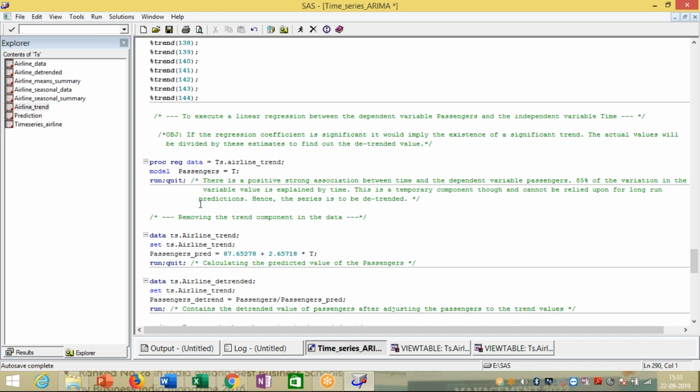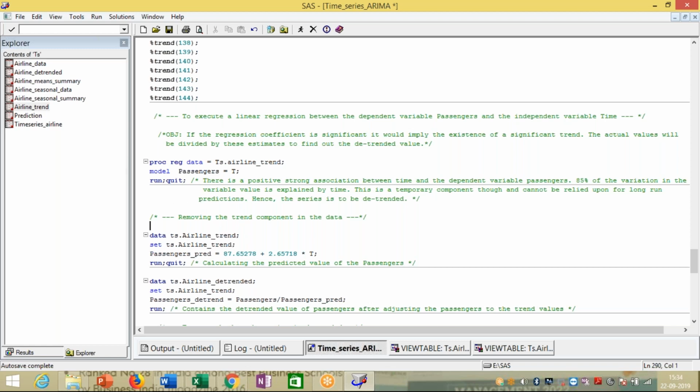And what we try to understand is, does time explain a significant variation in the number of passengers booked over the quarters? Number two, is there a significant causality between time and passengers? So is time an important variable in explaining variations in the number of passengers?